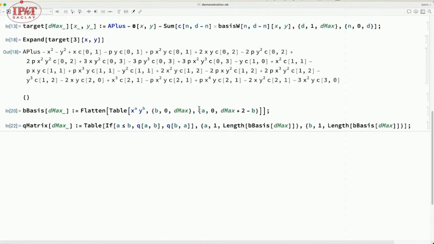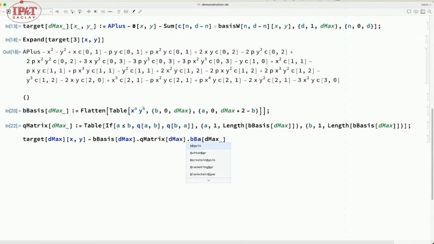Okay. So now at this point we can implement the linear constraint that the left-hand side is equal to the right-hand side, because we have the target for d max, and this should be equal to the b basis d max dot Q matrix d max dot b basis.